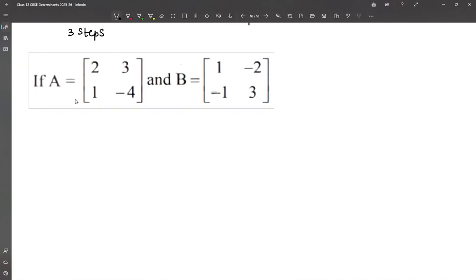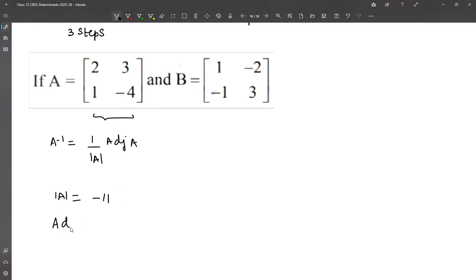What will be A inverse? We know that A inverse is 1 divided by the determinant of A into the adjoint of A. Since it's a 2 by 2 matrix, finding the adjoint is very easy. The determinant of A is minus 4 into 2, that's minus 8, minus 11, so minus 11.